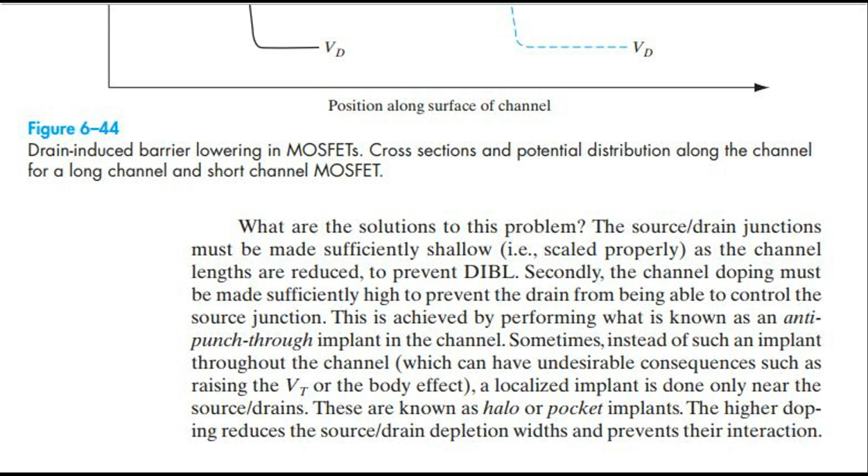Sometimes, instead of such an implant throughout the channel, which can have undesirable consequences such as raising the VT or the body effect, a localized implant is done only near the source/drains. These are known as halo or pocket implants. The higher doping reduces the source/drain depletion widths and prevents their interaction.